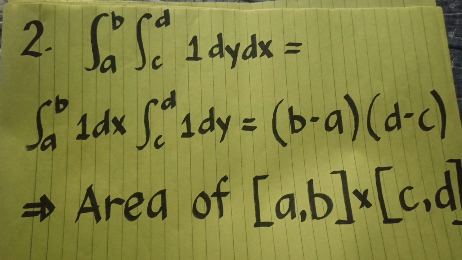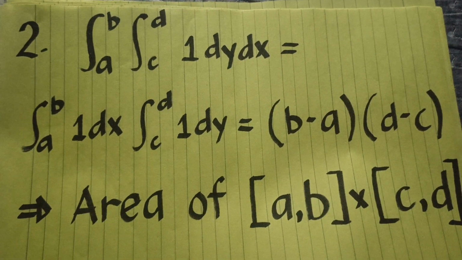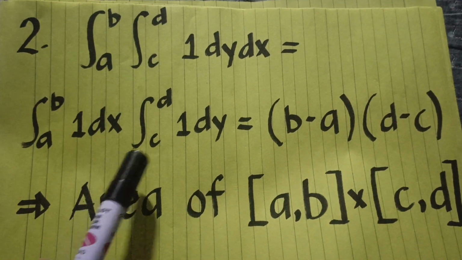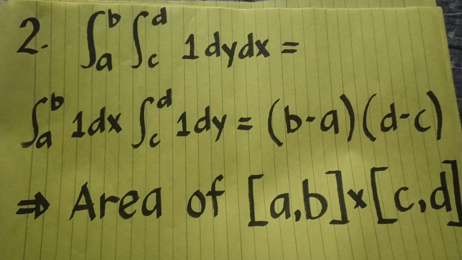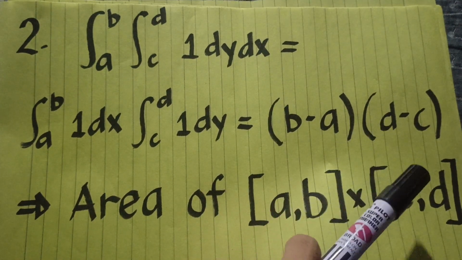We could think of that as 1 times 1, factoring it into the product of a function of x and a function of y. So using a property of integration, this is actually a product of two integrals: the integral from a to b of 1 dx and the integral from c to d of 1 dy. Based on this, we know that that is going to be b minus a times d minus c.